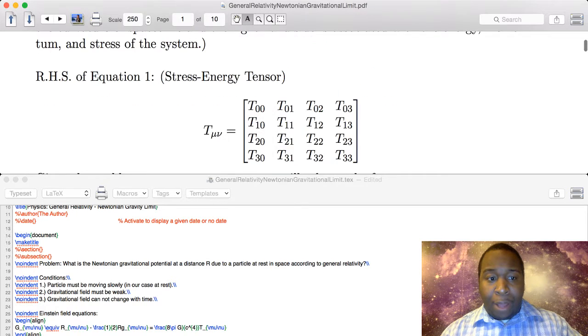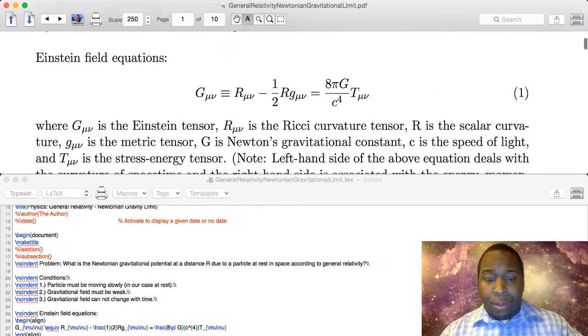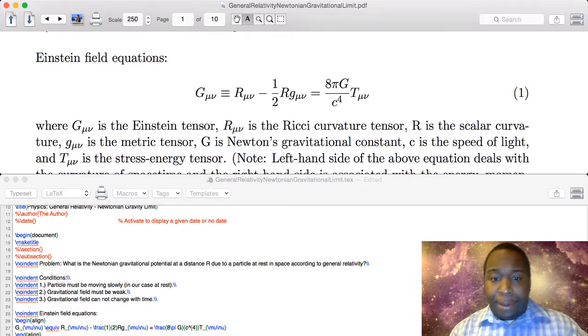If you scroll back up a little bit more, given this equation, if only T sub mu nu, or the T00 term, is defined, well, only the R sub 00 term could be defined. In this case, we'd only be concerned with this particular equation, that is, with the G sub 00 term.